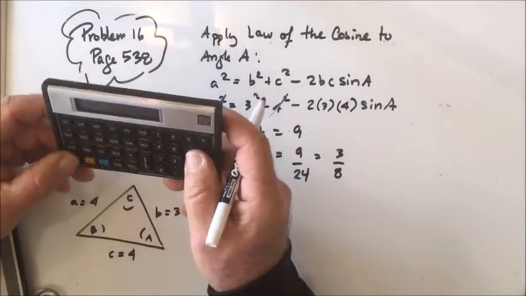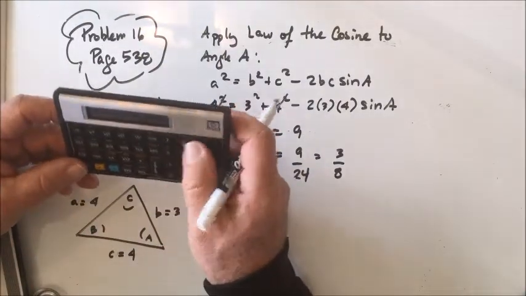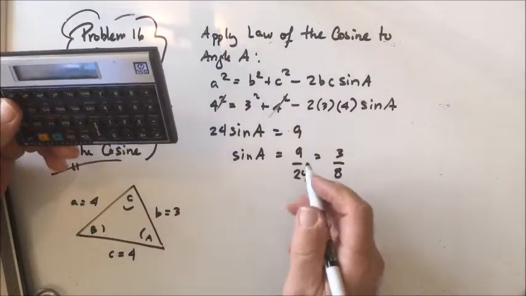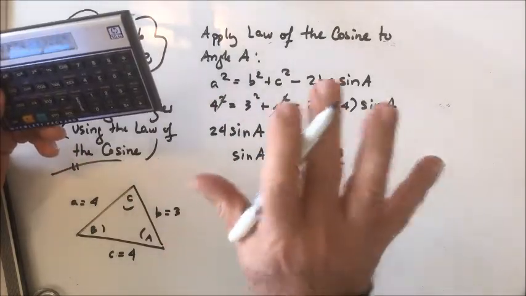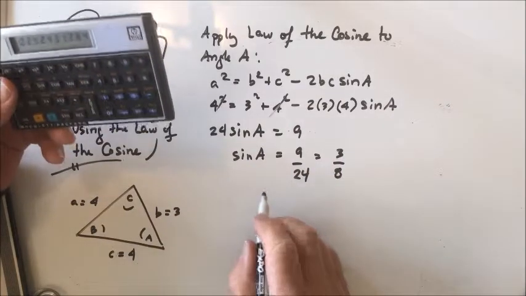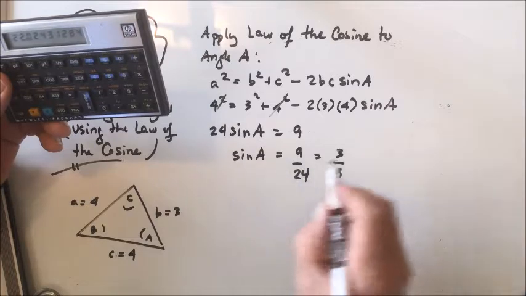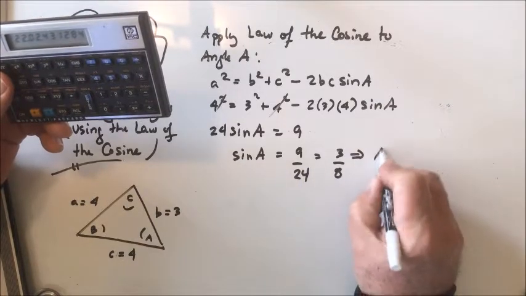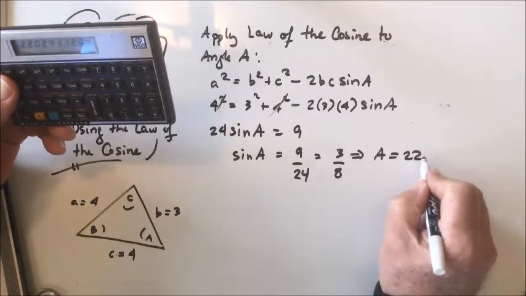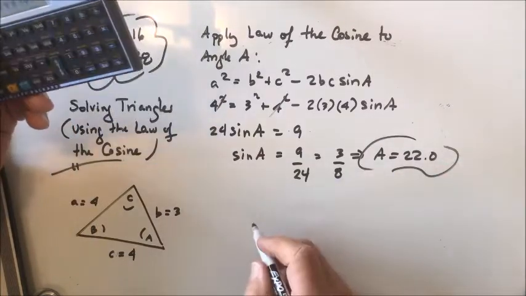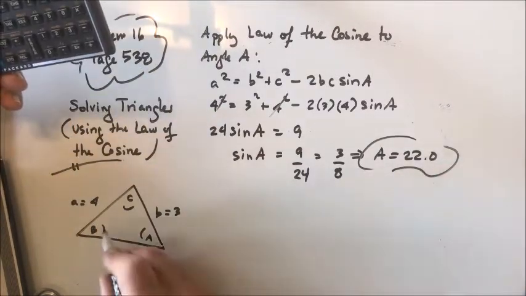If I take 3 divided by 8 and take the arc cosine, watching that everything is lined up properly, I'm going to find that A is equal to 22.0 degrees. Okay, let's circle that for a moment. Great, let's find another one.